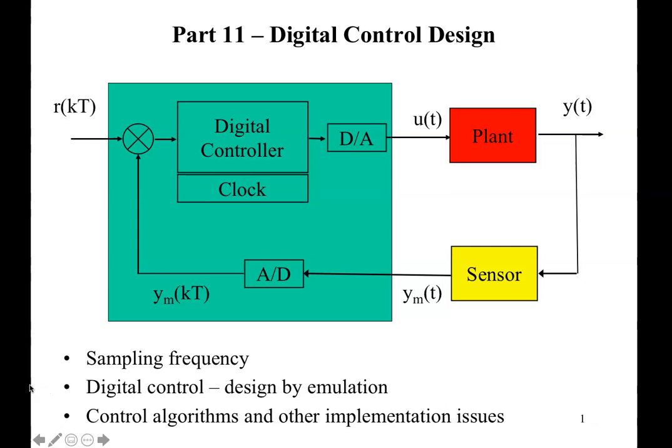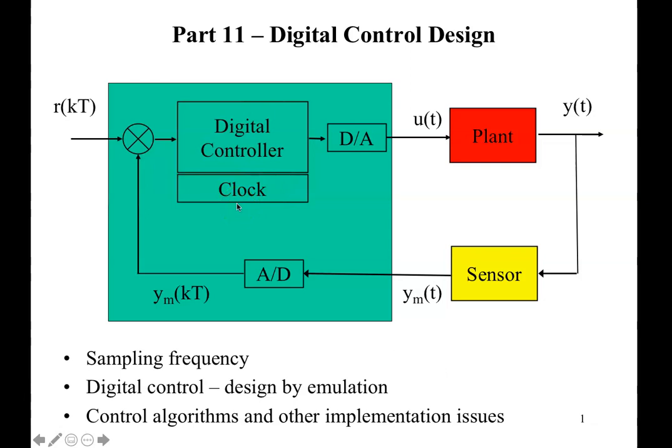And in this part, I'm going to go through the design process and look at how we can actually convert the controller we design in continuous time into forms that can be implemented in digital systems. Now, to do that, there are two important issues to discuss. One is the clock.